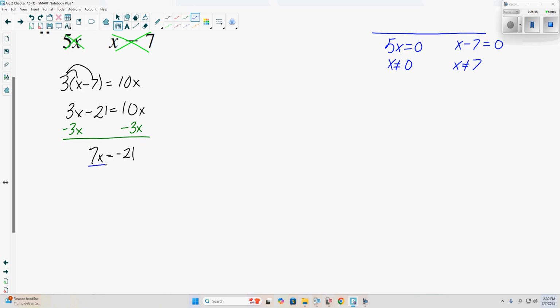At this point, we can divide by 7, telling us x is negative 3. Now, we could have added 21 to both sides, but then we would subtract 10x, then work it from there. It would still work, it would just take more steps because we'd have to move our constant term, move the variable, and then divide. Might be easier to just move the variable and divide.